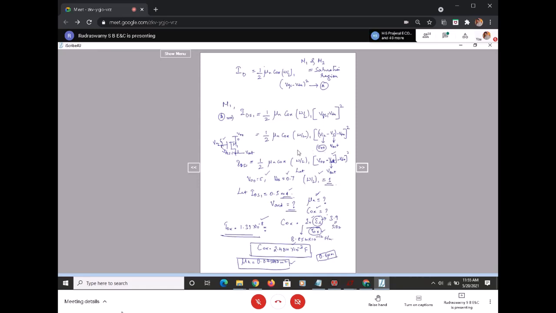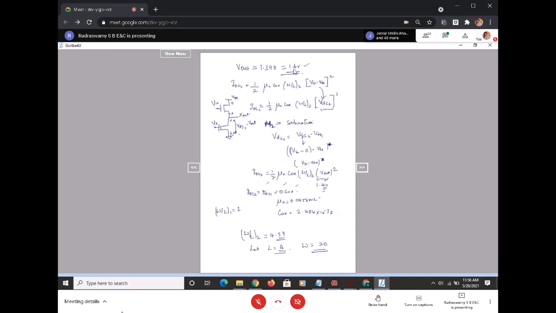Considering VDD, VTH, W by L, IDS, and taking the technology file information on TOX and mu n, we can calculate V out, and we got somewhere around 1.398, that is 1.4 volts.